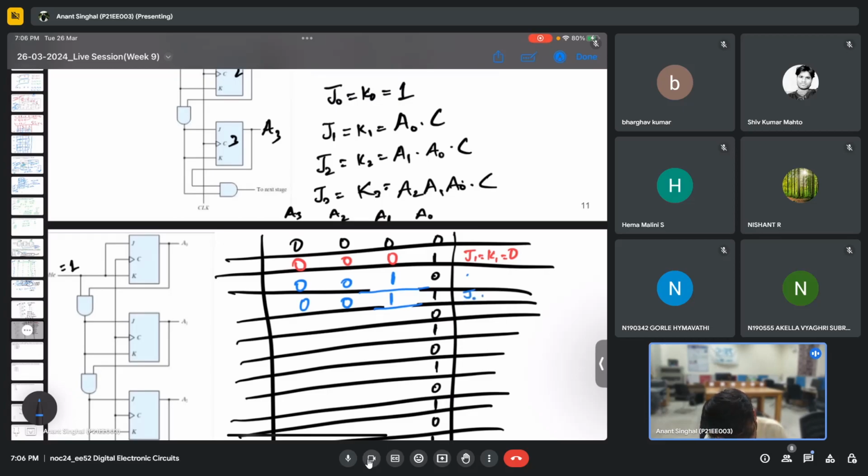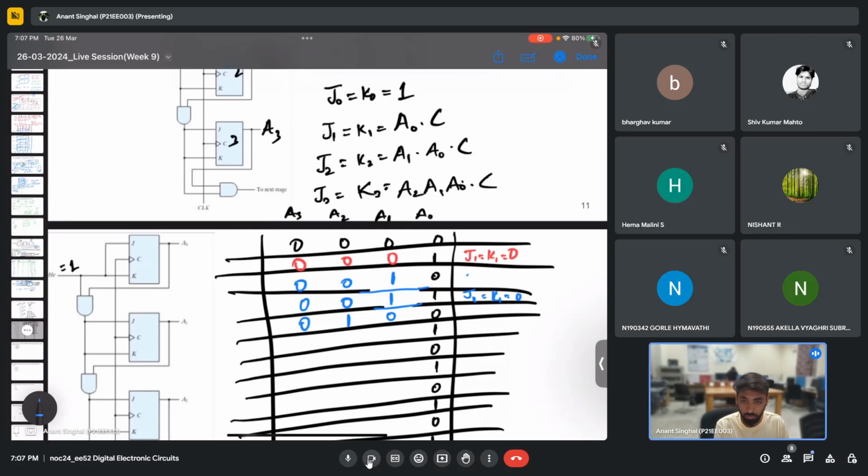J and K will be 0, so it will hold the state. J1 and K1 will become 1, so it will toggle. J2 and K2 will be A1, so it will still be 1. So it will again toggle, so this will remain 0.